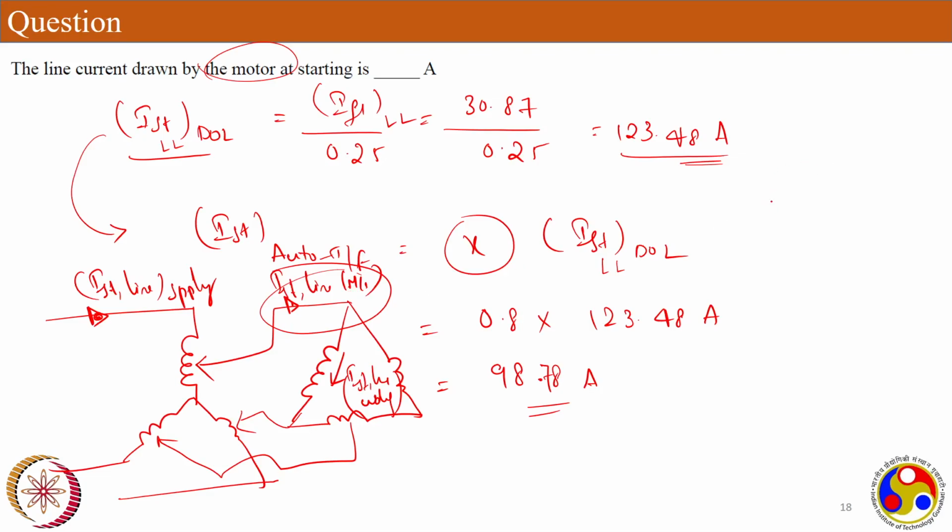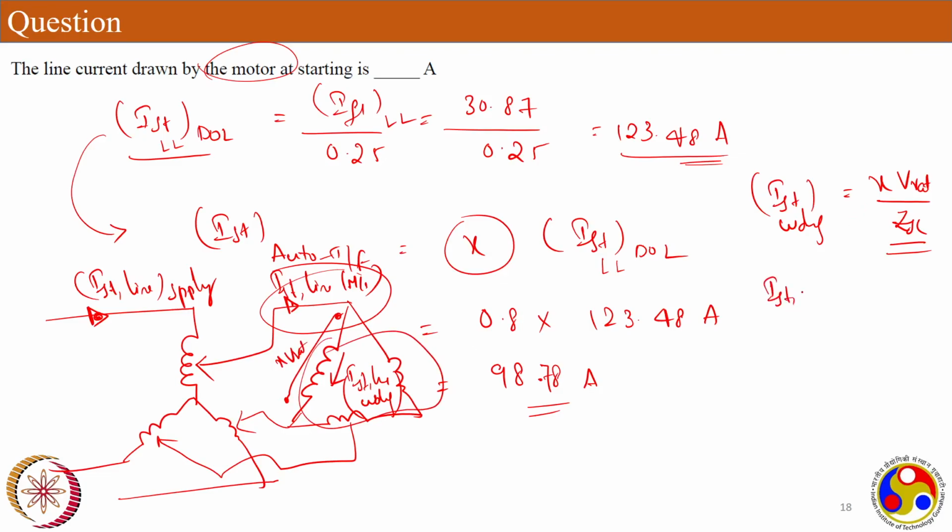Now if you go from this, starting current drawn by winding of this auto transformer is X times V rated by ZSC. Now we are going from the back. So here, this is V rated, that is coming after X times V rated divided by this entire impedance ZSC, whatever you calculate.